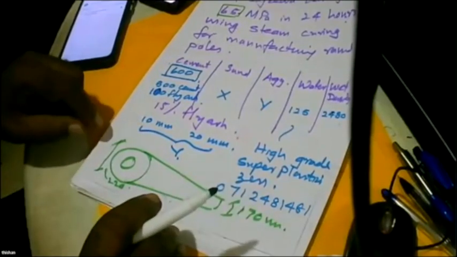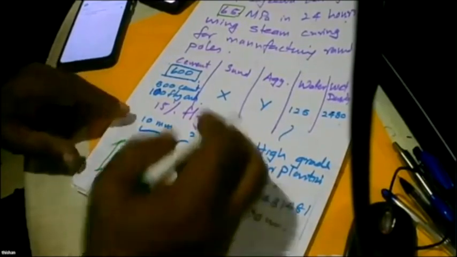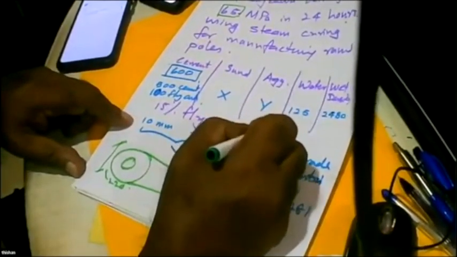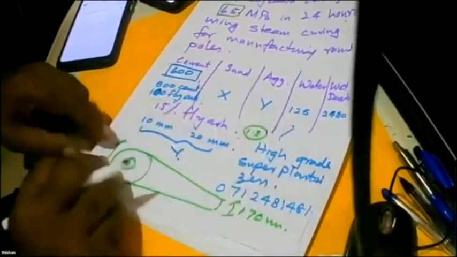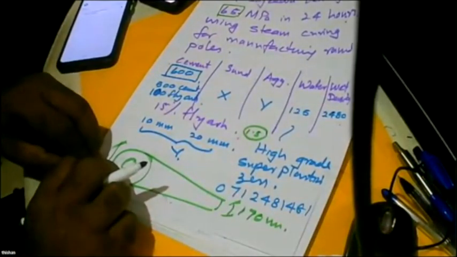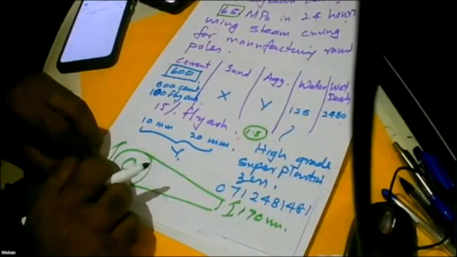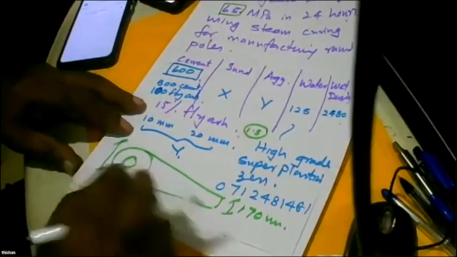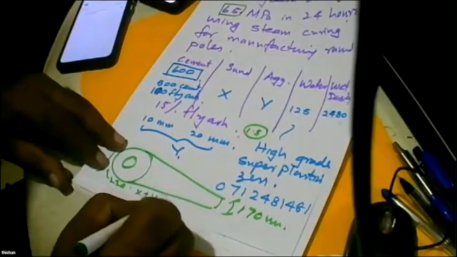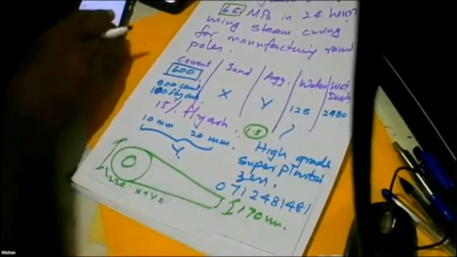Now let's look at what I did. I said, okay, so I'm going to use a 1.5 ratio. Why? Because I need to compact it properly. To compact it properly in a small section, it's good to have a lot of sand rather than a lot of aggregate. So I'm going for a 1.5 ratio. So if you look at the numbers, x plus y became 2480.